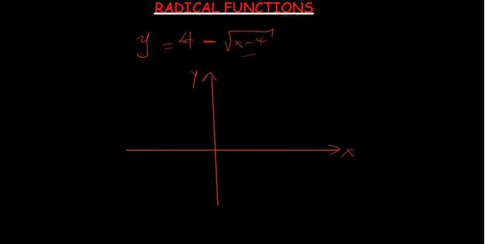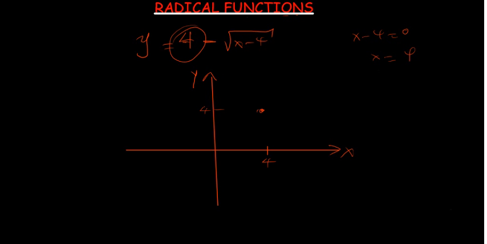The first thing is we need to equate what is inside to 0. That is, x minus 4 should be equal to 0, and we find that x is equal to 4. In other words, we've shifted our graph 4 units to the right. And then this constant 4 means we have shifted our graph 4 units up. So the graph is going to start at this point.